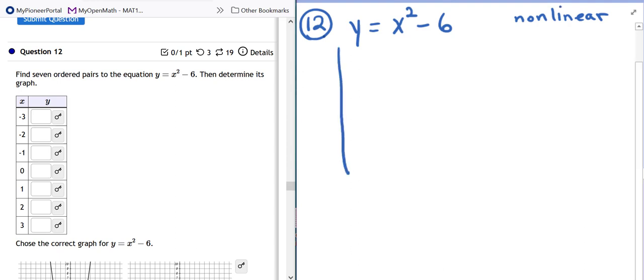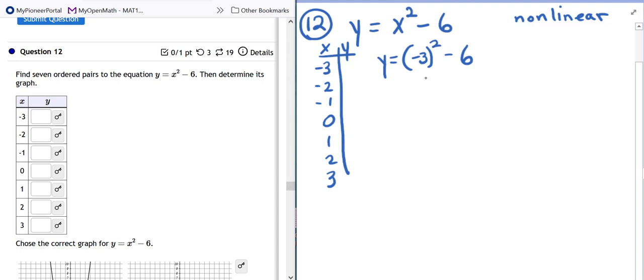And this is a nice group of x's: negative 3, negative 2, negative 1, 0, 1, 2, 3. And so we plug them in. When you plug in something to an exponent, you need parentheses. If there is a sign on it, you want it to go to the power, because originally the x goes to the power.